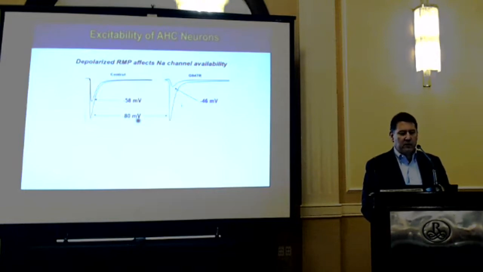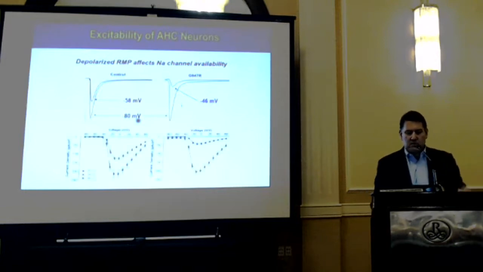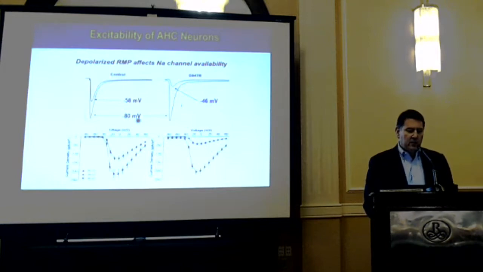Everything was the same. So again, we think this is a functional defect. This is just more of the same data. So again, everything kind of tracks back to the pump isn't working. That creates an abnormal ion gradient in the cell and a less negative resting membrane potential, and that impairs the neuron's ability to fire.